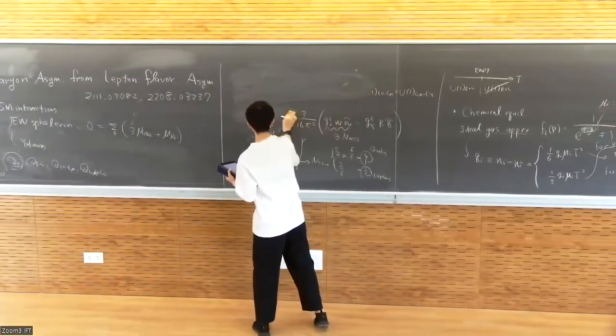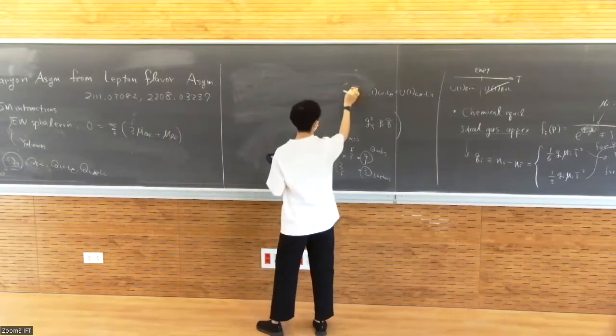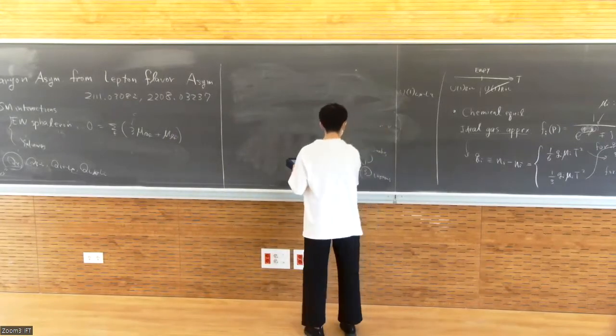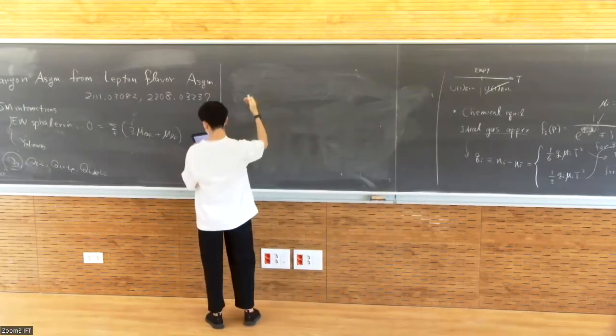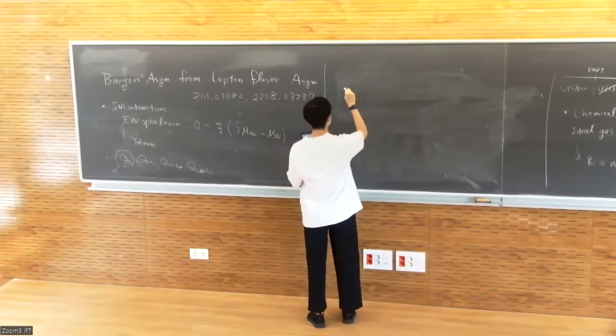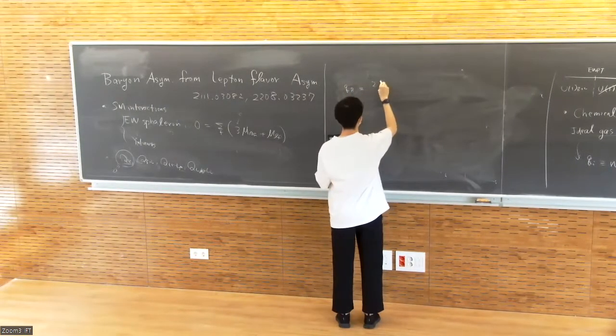So the basic well-known result of this conversion factor is given like this. So Q_B is given like this, I skip all the details.